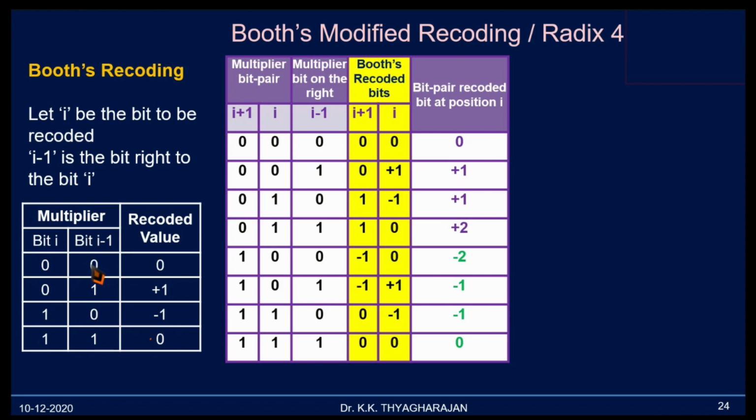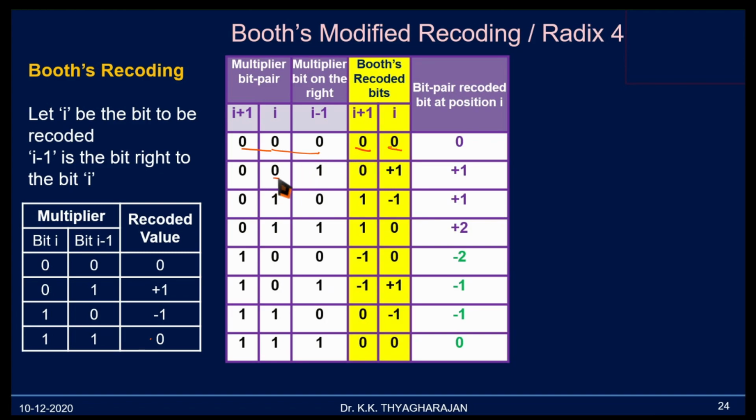Here we have used only 2 bits, but in the modified algorithm, we will use 3 bits. This is I plus 1, this is I minus 1. Now, if you want to recode these 3 bits, first you take these 2 bits 0, 0 and apply Booth's recoding algorithm. 0, 0 means it should be recoded as 0. Now you take these 2 bits 0, 0 and that will be recoded as 0.